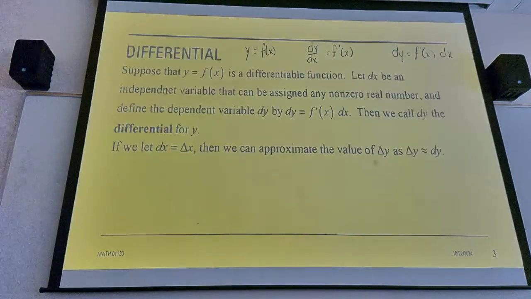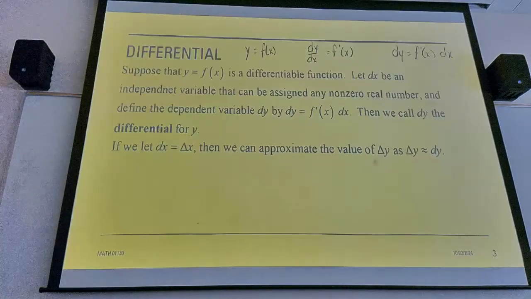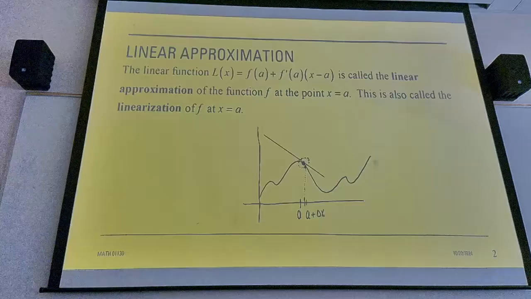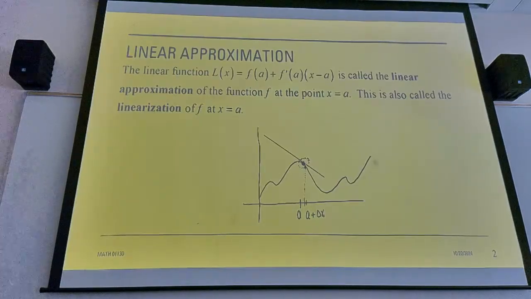This approximation is only good if dx is small. It's the same argument here.